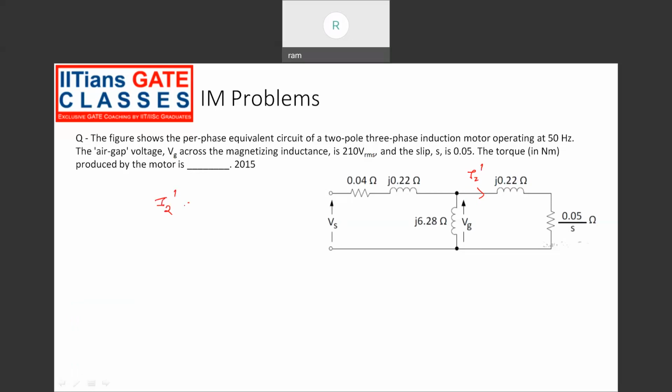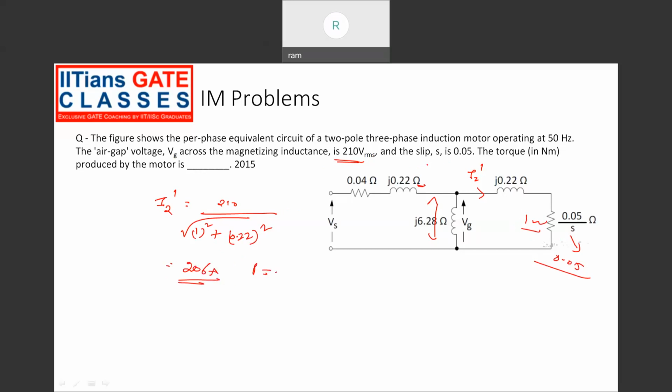Can write I2 dash equal to, they have given the voltage across this shunt branch is 210 volts RMS, divided by the square root of (0.05 by slip) whole square plus 0.22 square. Slip is also 0.05, so this becomes 1 ohm. 0.05 by 0.05 is 1 square plus 0.22 square. So if you solve this equation, we'll get 206 amps.